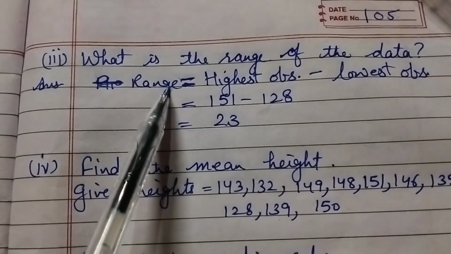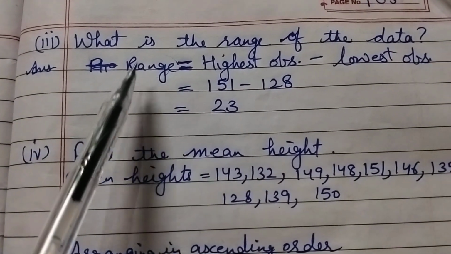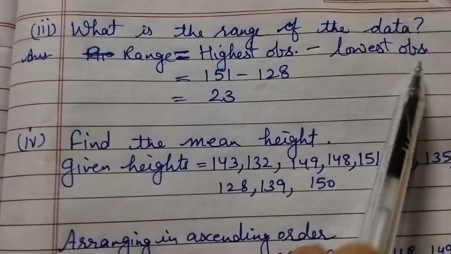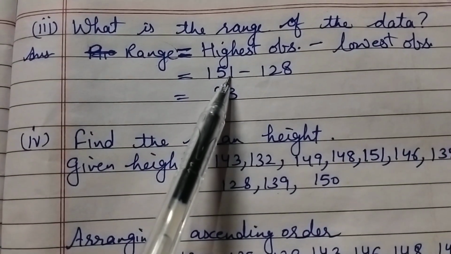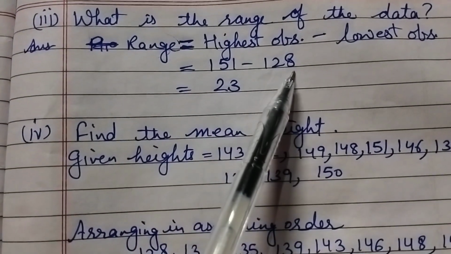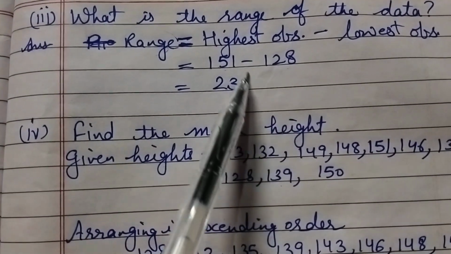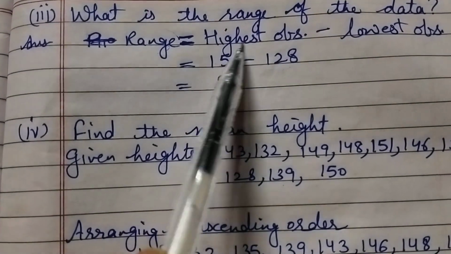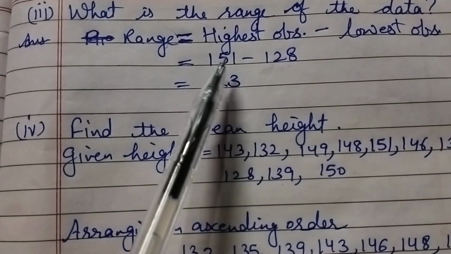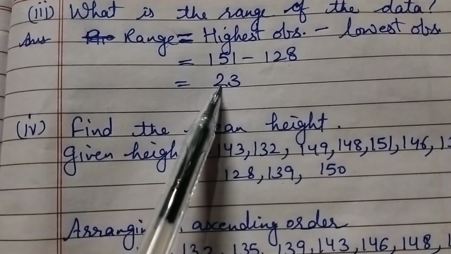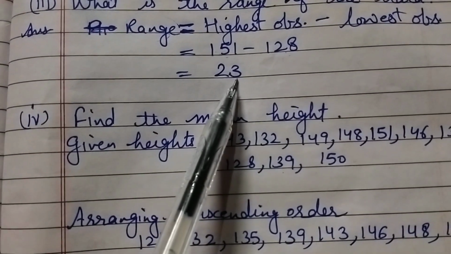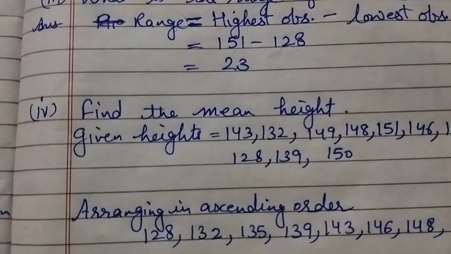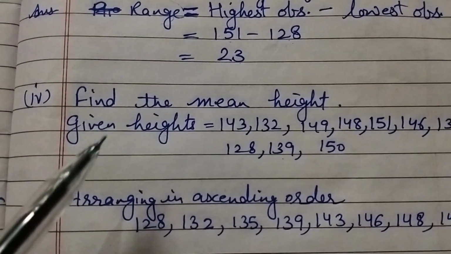Range, I told you in notes, is highest observation minus lowest observation. Highest was 151, lowest 128. We will subtract these two, we get 23. Highest minus lowest, whatever we get, that will be the range. Okay, range is 23.